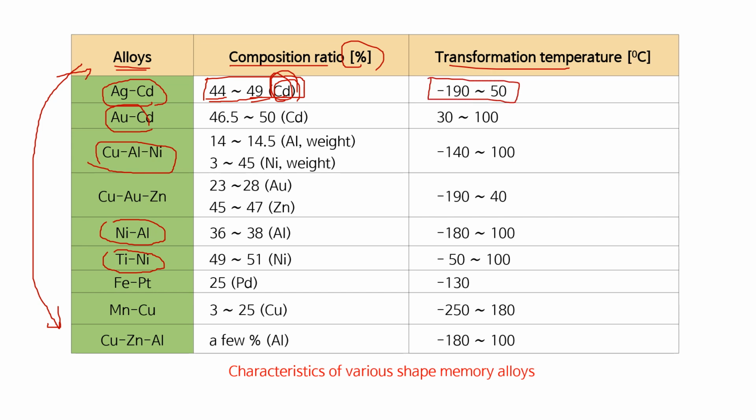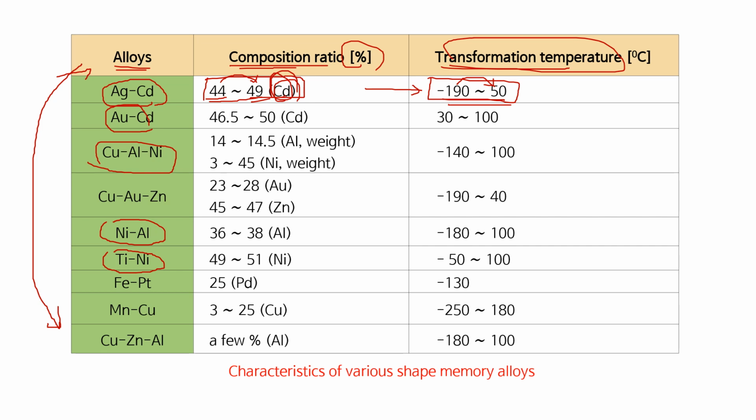So you can see here we changed just 4% of cadmium, but the transformation temperature changed by around 240 degrees. So with a small change of the composition ratio, we can see a big change in the transformation temperature. Okay.